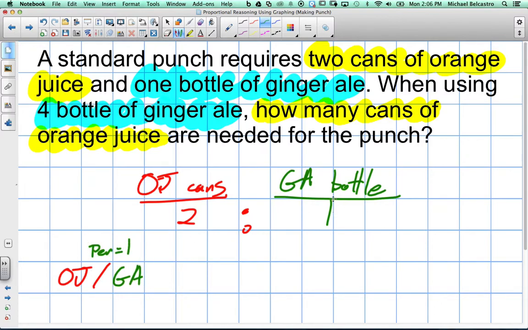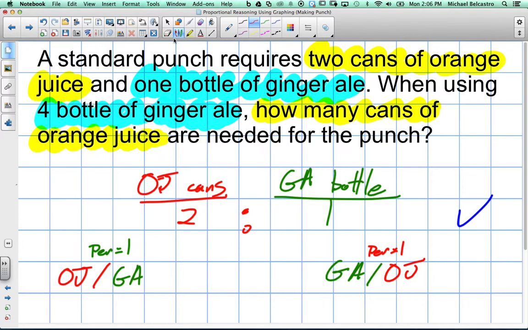So we want ginger ale to be 1. Well, it turns out we've already got that type of information. That's one of the unit rates we could use. We could also use another rate, though. We could use a unit rate that says ginger ales per OJ, and per being the number 1. That's where we'd have to turn OJ into 1.